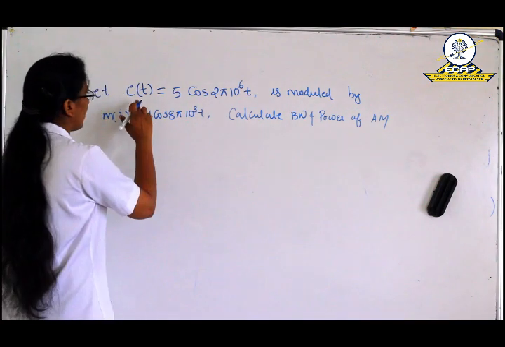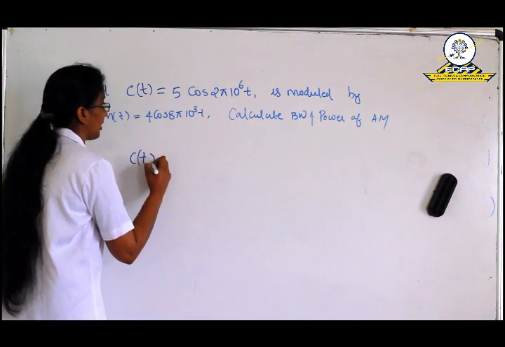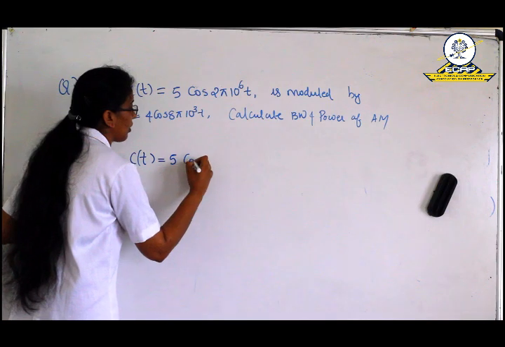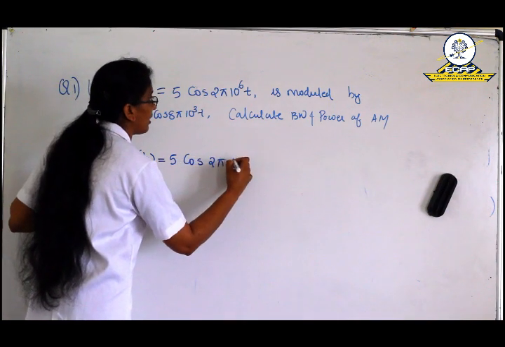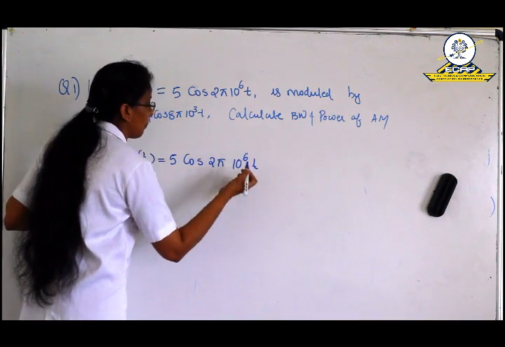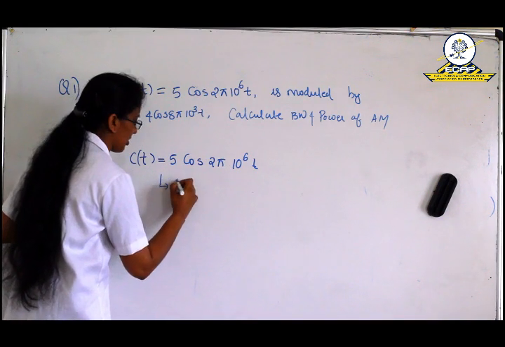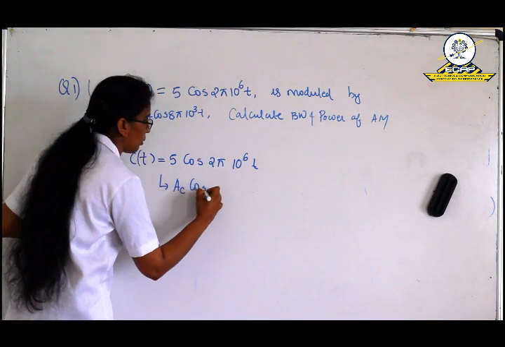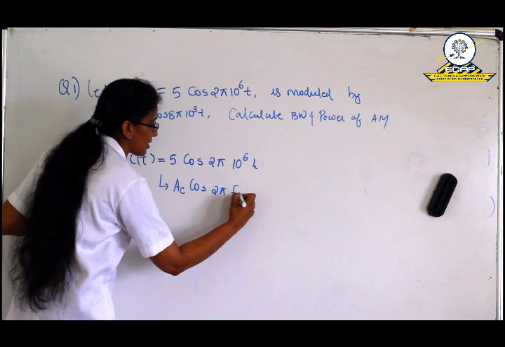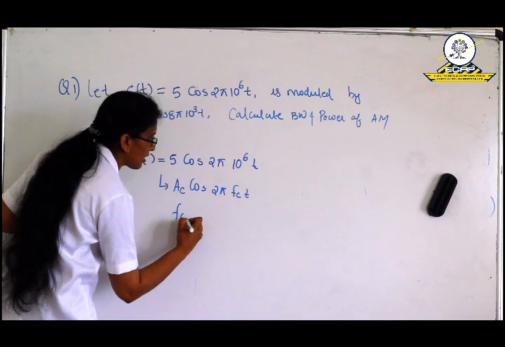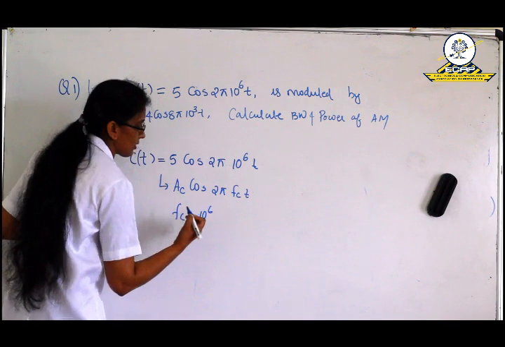From this equation, we can take it as C of t is equal to 5 cos 2 pi 10 raised to 6. By comparing with our standard equation, AC cos 2 pi FC t, the FC is equal to 10 raised to 6.